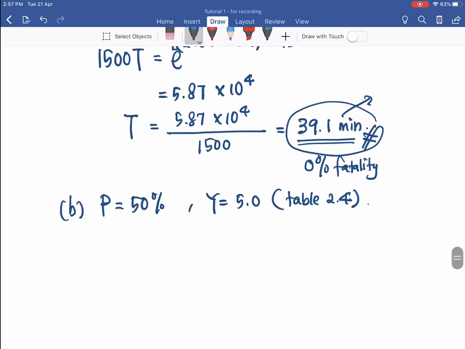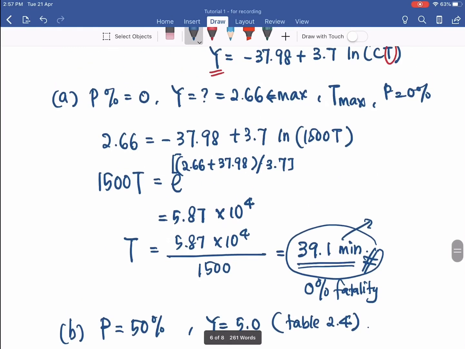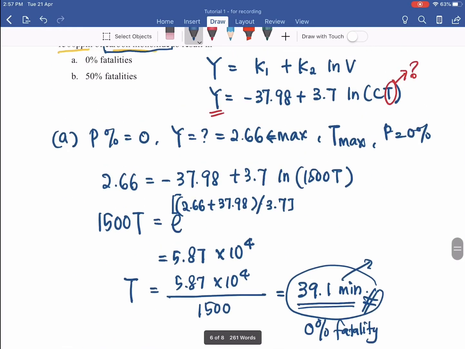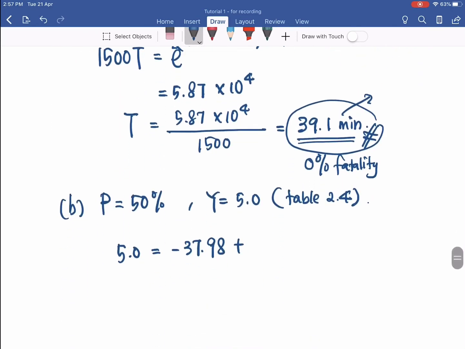So instead of 2.66, now we have 5.0 equals negative 37.98 plus 3.7 ln 1500t.